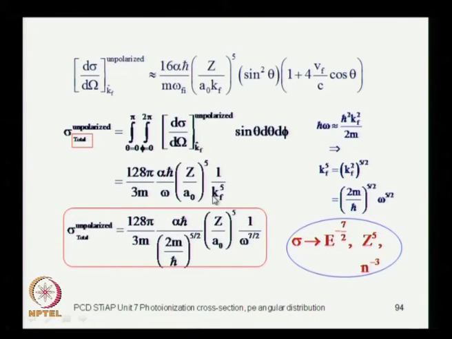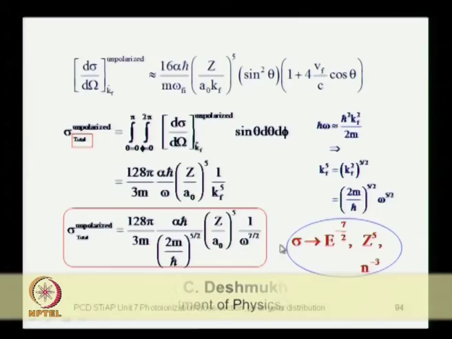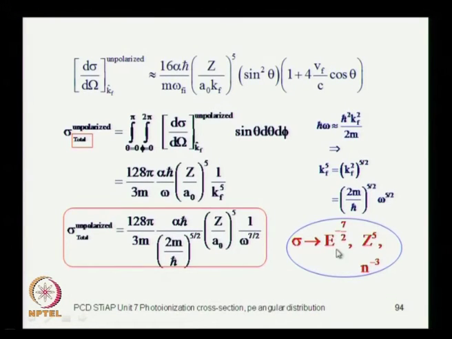We have done this calculation just to illustrate for the hydrogen 1s state, but you can do this for any other state of the hydrogen atom. You can do the n, l, m states and you will require the corresponding Fourier transforms. I am not going to illustrate it over here, but I will use the result that when you do it for arbitrary n, it goes as n to the power minus 3.